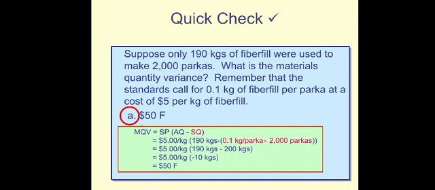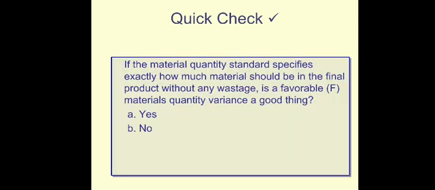So now the results of the calculation is $50 favorable. If the material quantity standard specifies exactly how much material should be in the final product without any wastage, is a favorable material quantity variance a good thing? Okay, what is the answer? The answer is no.